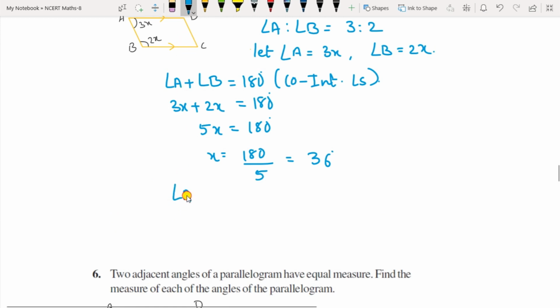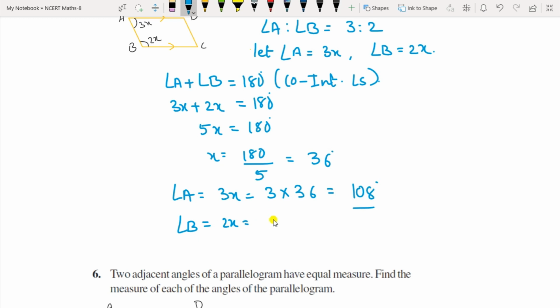So angle A will be 3x, that is 3 into 36, that gives 108, and angle B equal to 2x, that is 2 into 36, that gives 72. So angle A is 108 and angle B is 72. If you do the sum of these two numbers, you get 180. So that is co-interior angles.